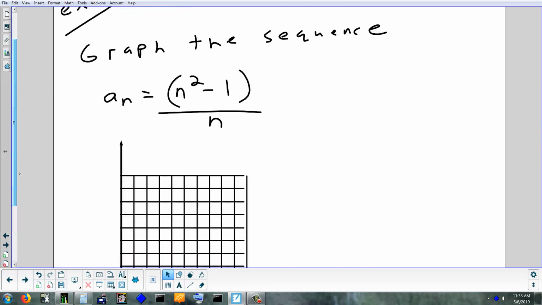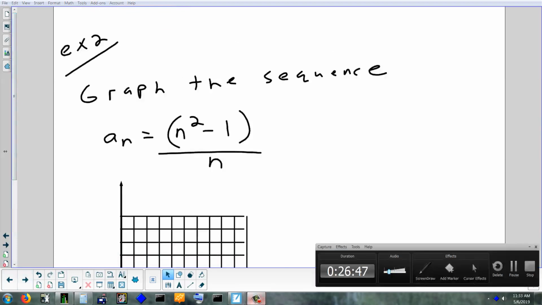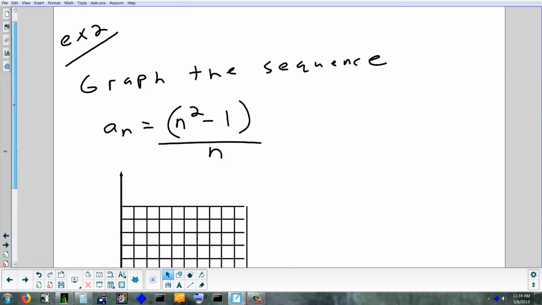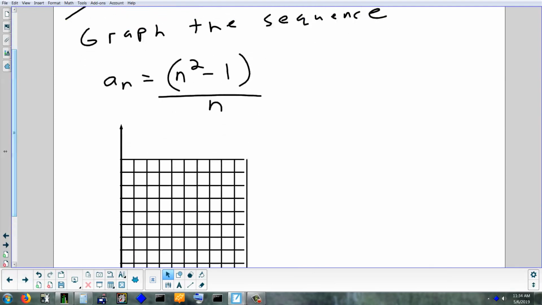All right, so let's try to graph this sequence. Graphing a sequence is just like graphing a regular function, just remember, n can only be positive integers. So let's make a table and pick some values.